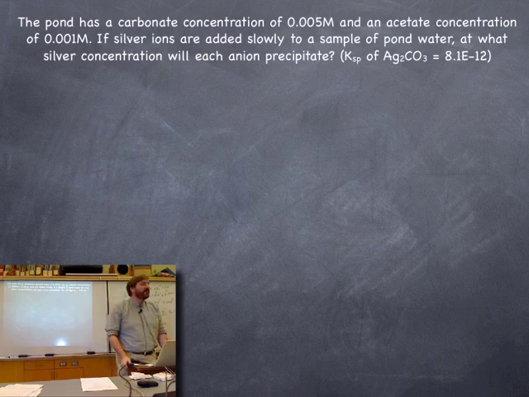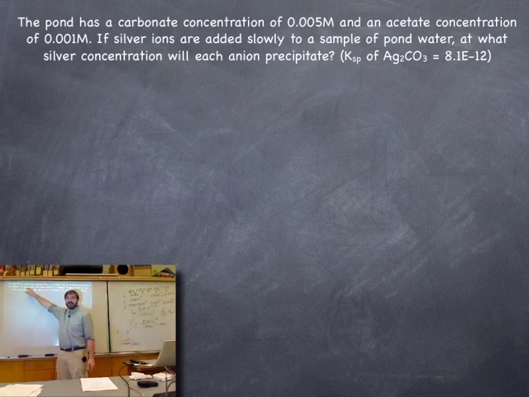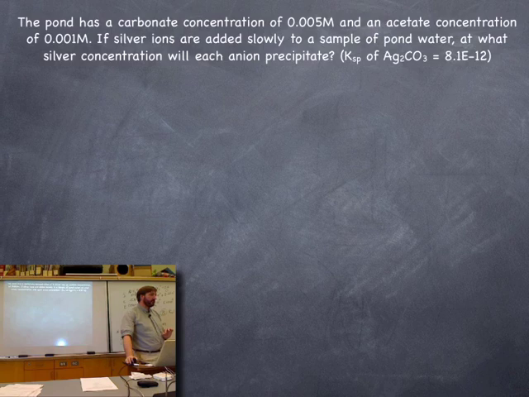How do we go through and figure out what concentration of silver ions we need? How did we just do that in the last slide? You want to think about the KSP, what the KSP equation is, and what the concentration of the anion is, this negative acetate or negative carbonate. So take a sec. You want to start out probably by writing down the chemical equations for what is going on. We're going to have two separate precipitations.